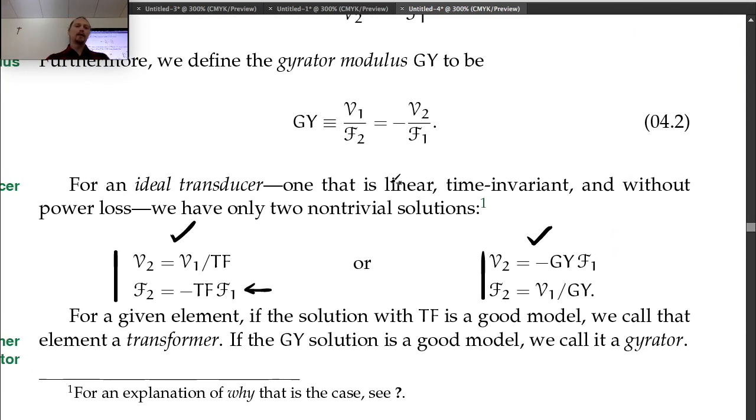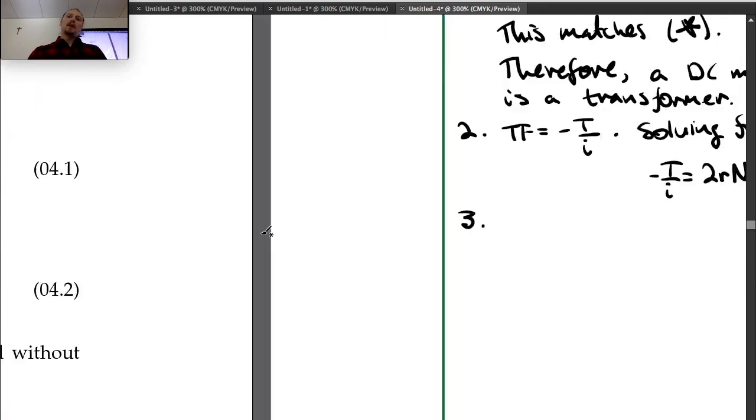So if I come back over here, this is the equation that we've worked with, right? This one right here. This other one must be true if it's a transformer, right? So this is the relationship between the two across variables.